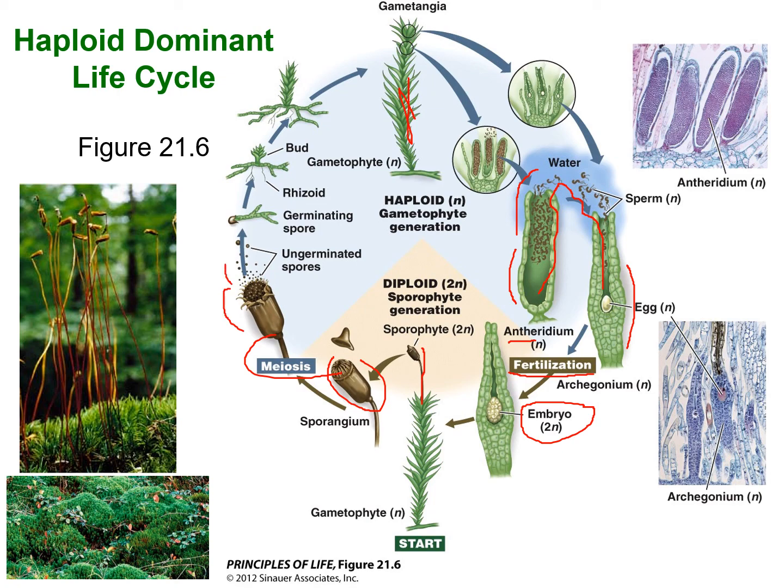Each spore can germinate and grow into a new gametophyte here, which eventually grows up to form this gametophyte, which can produce Antheridia and Archegonia again.